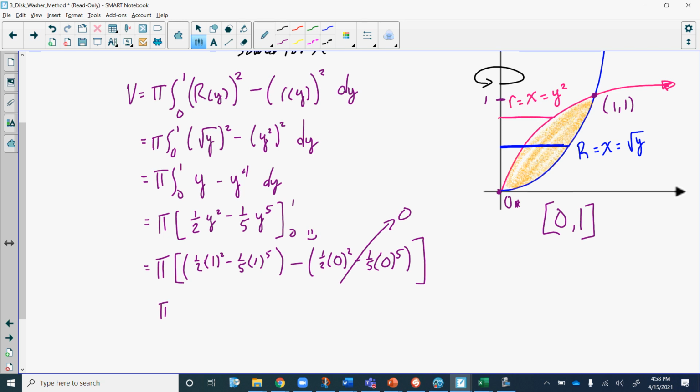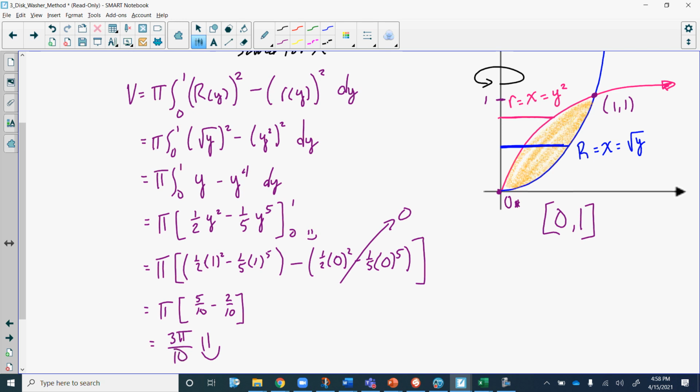So that'll be pi times 5 over 10 minus 2 over 10, which is 3 over 10. So that'll give me 3 pi over 10 cubic units for my volume. And there we go.